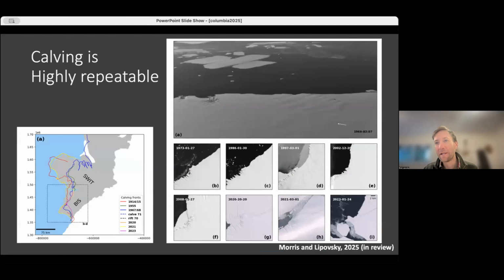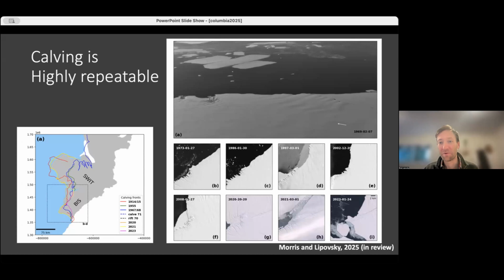Speaking to the highly repeatable, the kind of cyclic nature that we can observe here, the calving front before North Rift calved was almost identical, to within some staggering amount of map discretization error, to the way that it looked when Ernest Shackleton went there in 1914 and 15, right before World War I. So, when they sailed a boat that had a steam engine retrofitted onto it in 1914, and they mapped out the ice front, it looked almost exactly the way that it did just before the calving event.